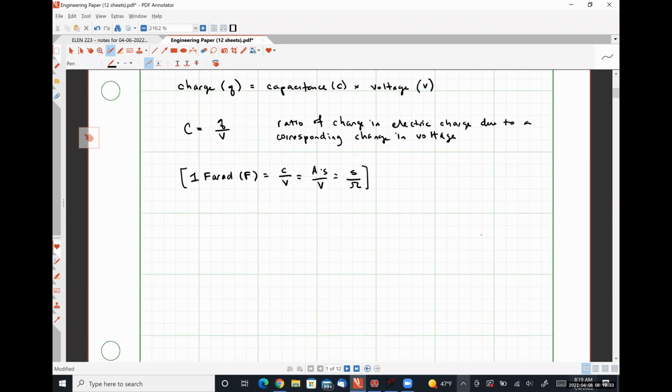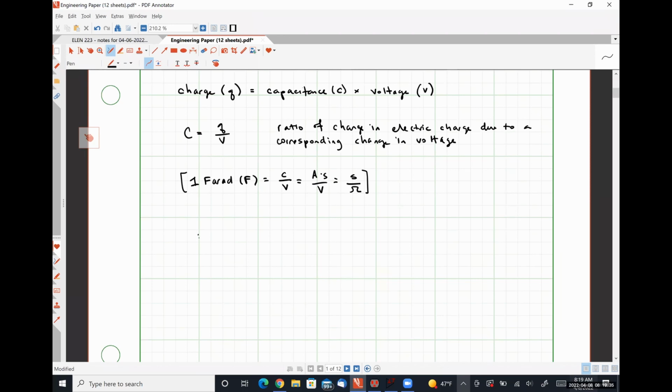And that relationship is given by C is equal to epsilon W L over D, where this epsilon here is just epsilon naught that we talked about previously, multiplied by what's called epsilon R, the relative permittivity of the medium that's between the plates.